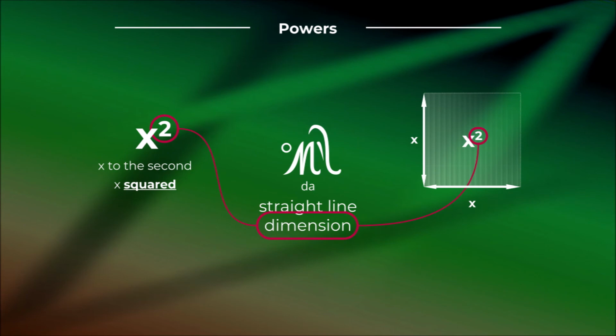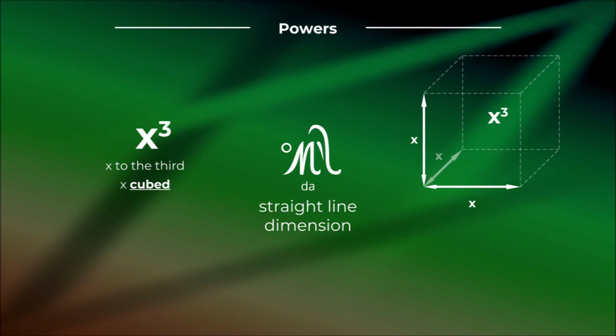The same thing applies when we add another dimension. We now get x times x times x, or x to the 3rd power. Our square now becomes a cube, whose volume equals x to the 3rd. This is why it is called x cubed.